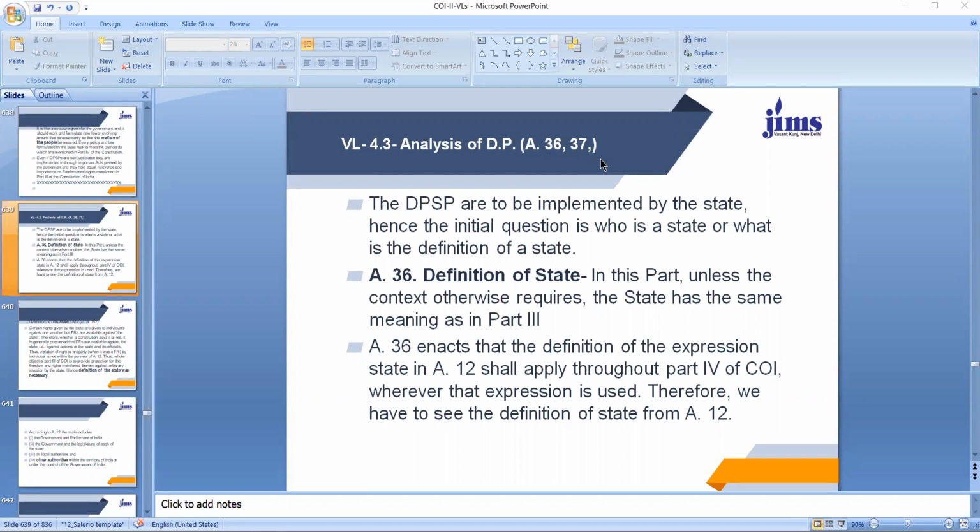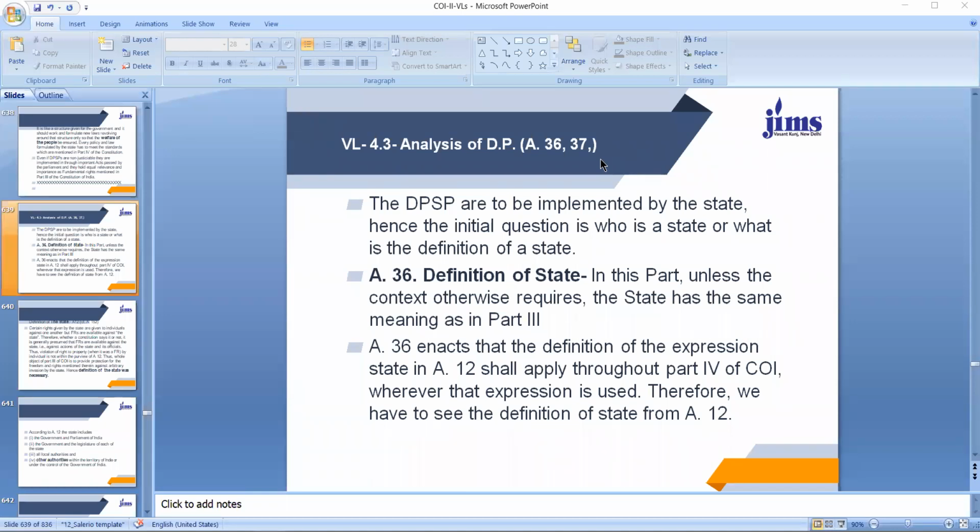Article 12 says, definition: in this part, unless the context otherwise requires, the state includes the government and Parliament of India and the government and the legislature of each of the states and all local or other authorities within the territory of India or under the control of the Government of India. This is the definition of the word state given in Article 12.